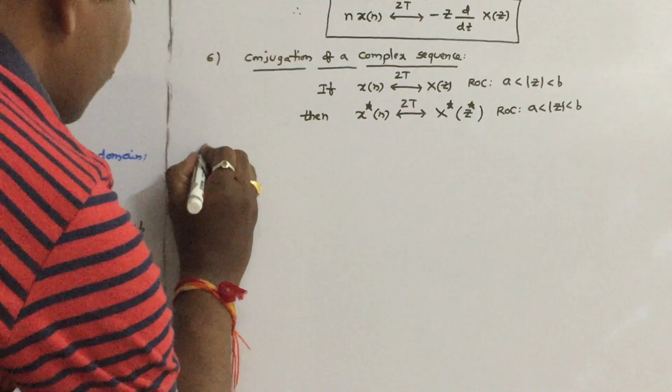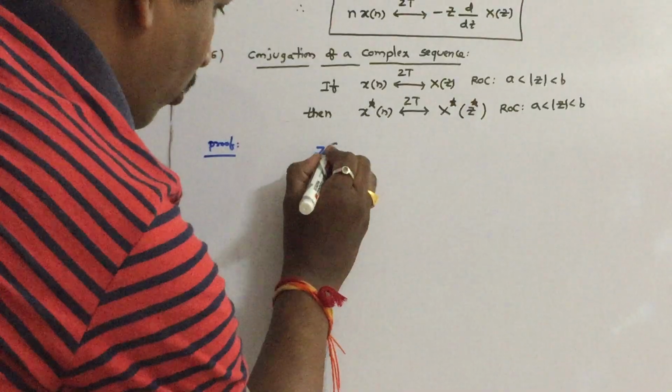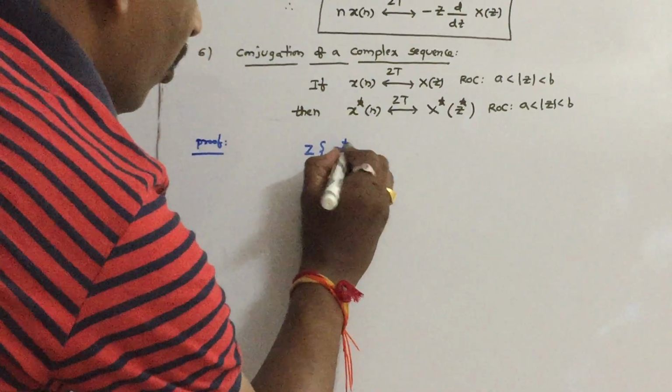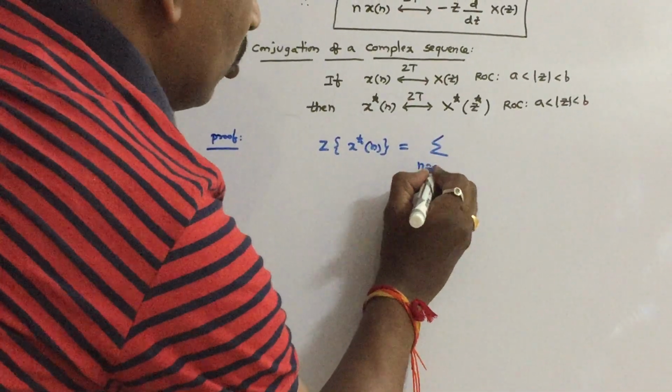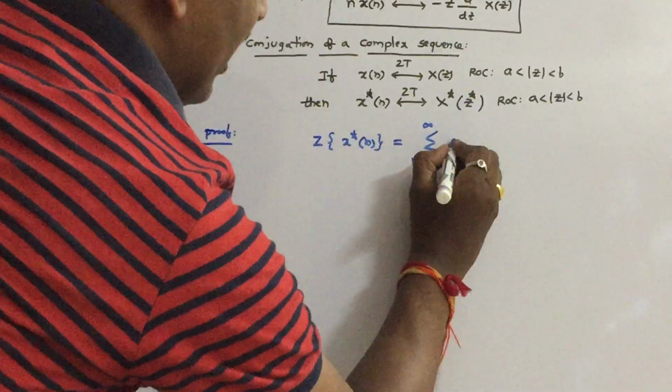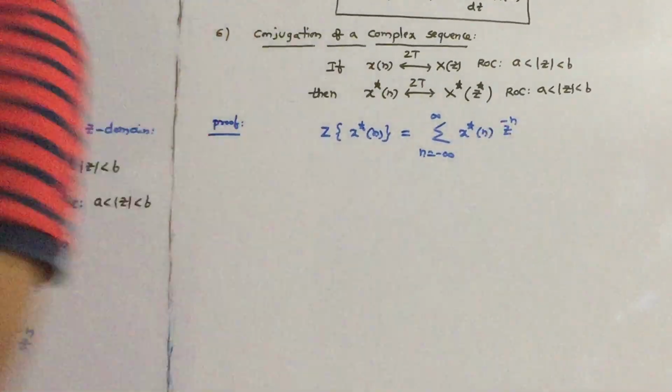So therefore let us prove this simple property. So what we want to find out? We want to find out the z transform of complex conjugation of a sequence. So let us substitute in the two-sided z transform definition, x star of n into z power minus n.